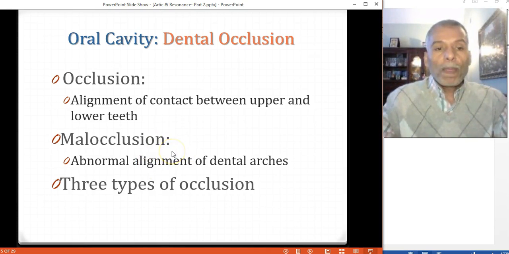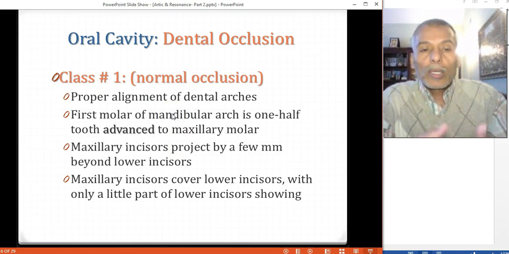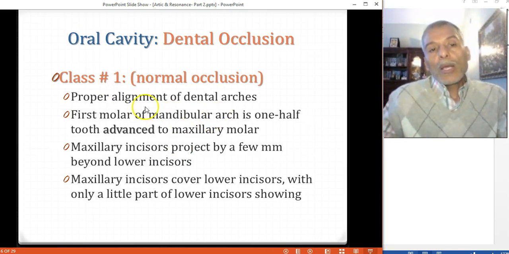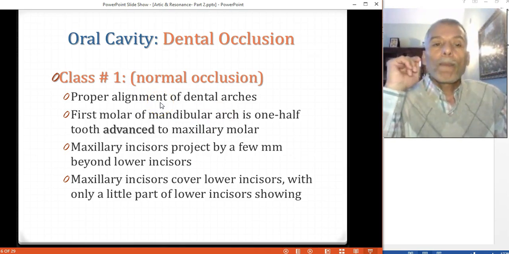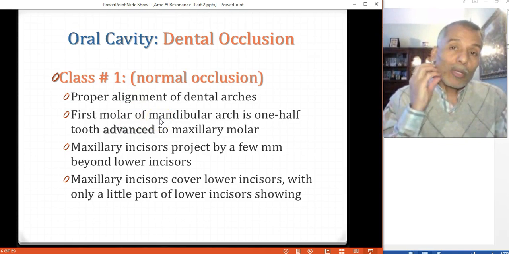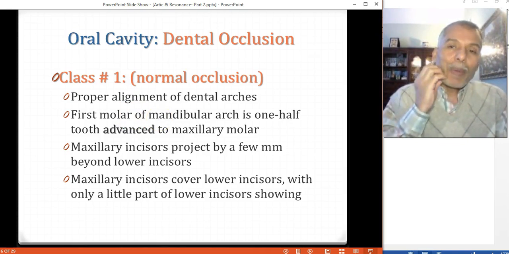But let's see here, normal occlusion. How do you know exactly it is normal? Number one, the first molar of the mandible. So you look in the bottom, because the top is fixed. The bottom is movable when you lower the jaw and bring it up.